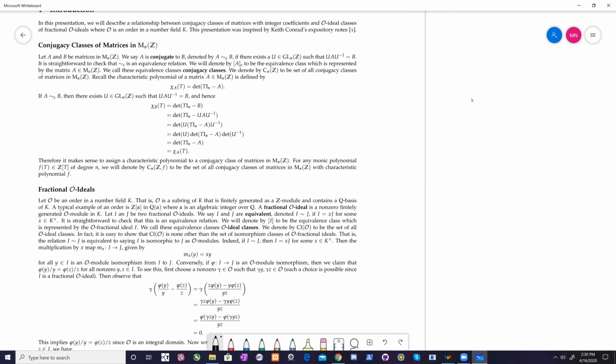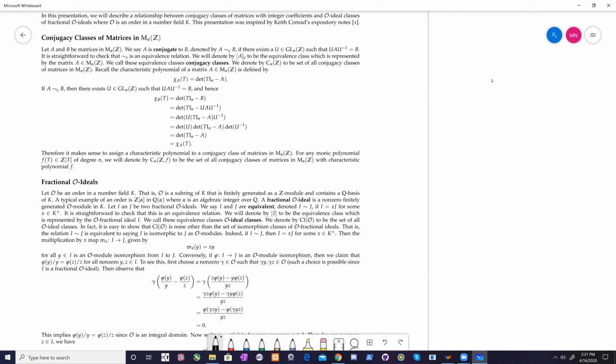First, for conjugacy classes of matrices in M_n(Z). Let A and B be matrices in M_n(Z).